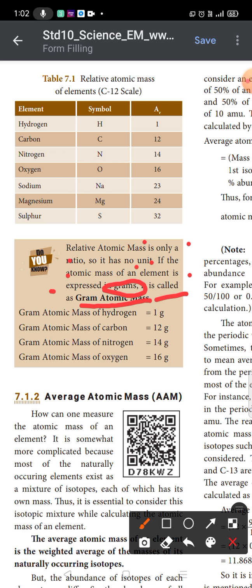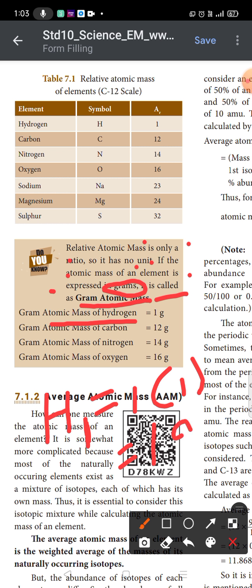For example, the gram atomic mass of hydrogen. How many atoms are there in hydrogen? Only 1. So, the gram atomic mass will be the number of atoms, 1, times the mass number of hydrogen, 1. So, we will get 1, and because it is expressed in gram atomic mass, we write 1 gram.